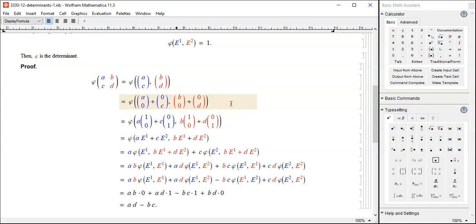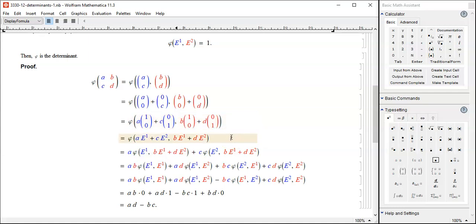It's a little bit unclear at this moment. Next, factor A and C out, and then get 1, 0 and 0, 1, which will lead to E1 and E2 respectively. Do the same thing in the second component here, the second variable. So BE1 and DE2, where E1 is this column vector, E2 is that column vector.